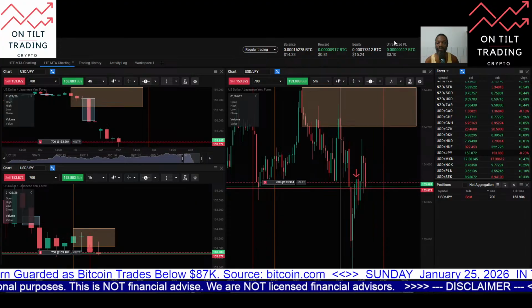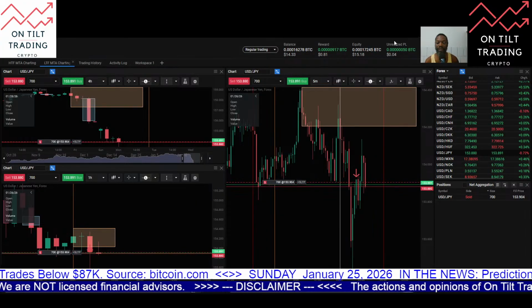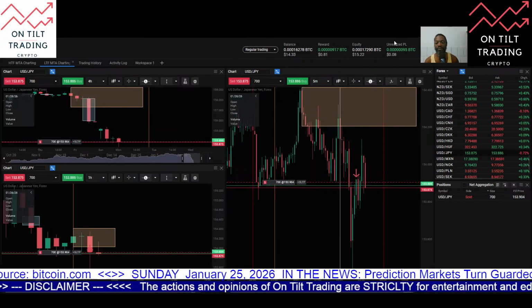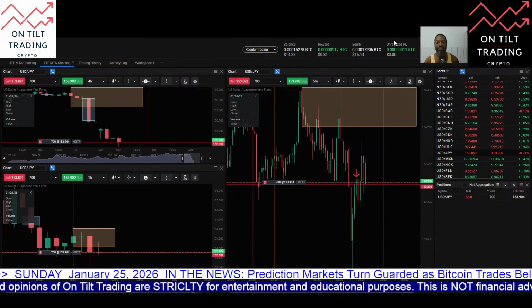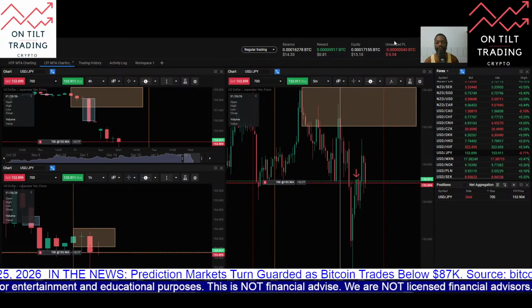Prices traded through 153.94, 153.80, 153.880 currently. And price consolidating here at the 153.900 level.